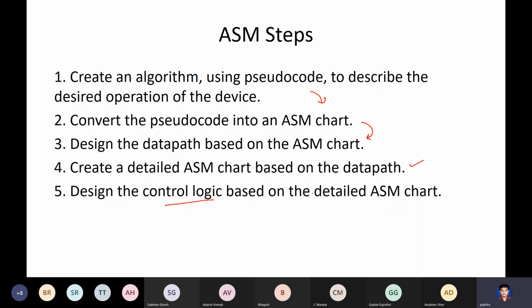Okay, and all this theory that we have taught, all these state machines, Moore machines, minimizations, everything comes into the picture everywhere. One thing is that most of these parts are automated. There are CAD tools which will do most of the parts for you. It's humanly impossible to do for a large circuit.